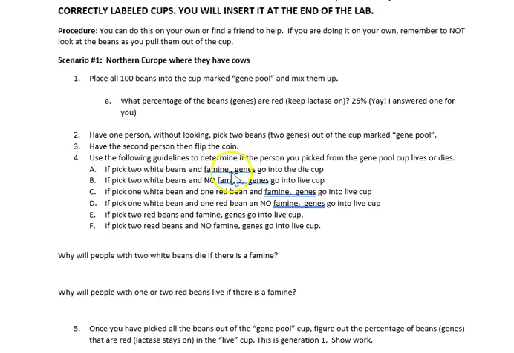So make sure you read this. If you pick two beans, it's based on the beans you pick, which is the genes, and it's based on the coin flip, which tells you whether there's a famine or not. And those two things, the combination, are going to determine whether the genes survive or whether that person would die and those genes would die.